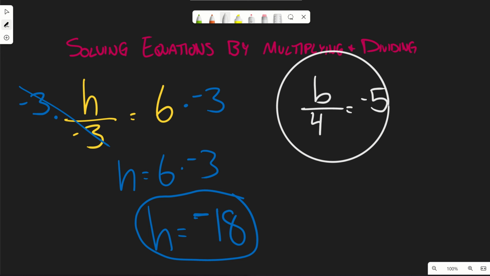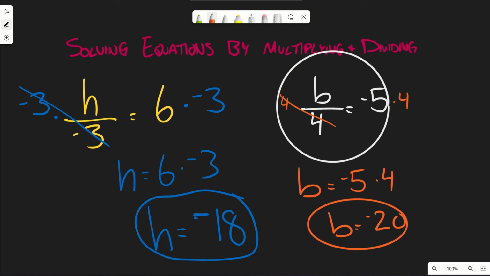What would I do here? Once I do my inverse operation, what would my new math problem look like? Well, because I would times this side by 4, I would come over here and times this by 4. My new math problem would be b equals negative 5 times 4, which means b equals negative 20.